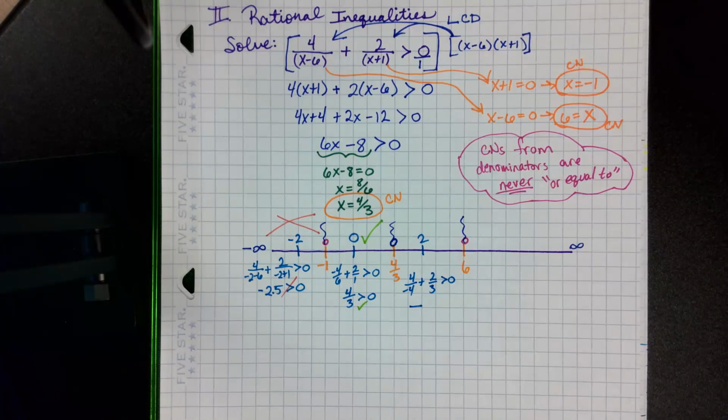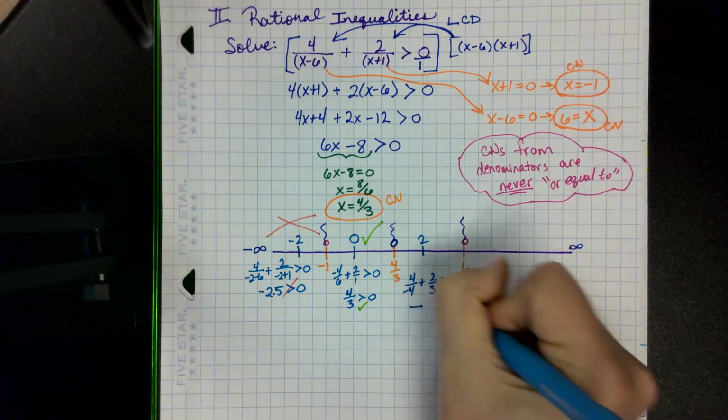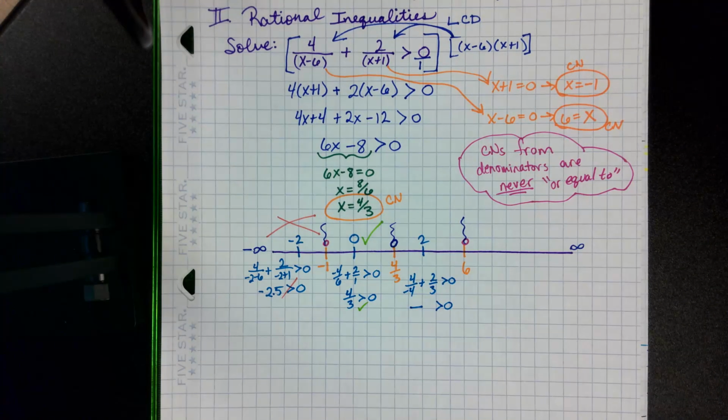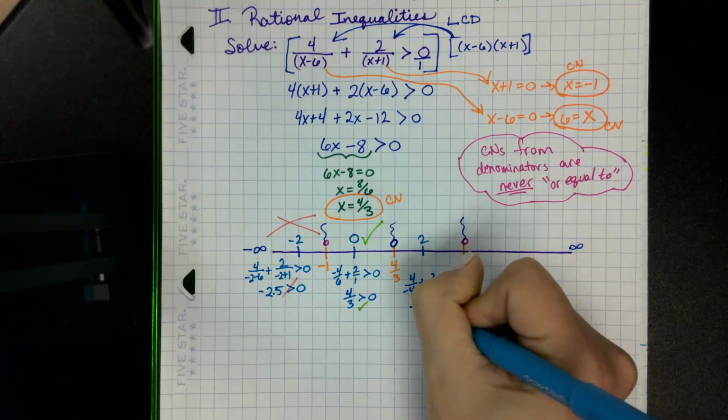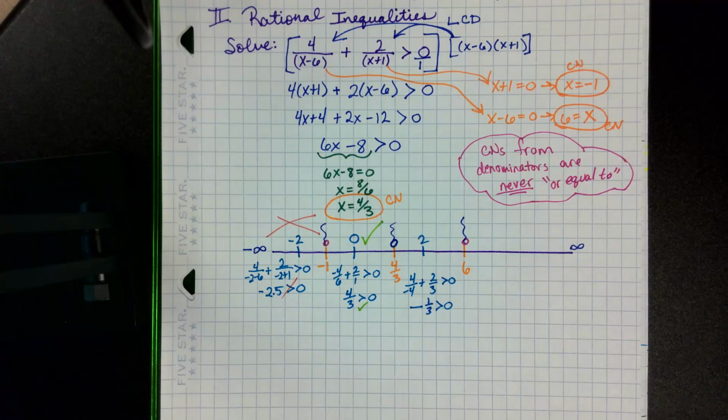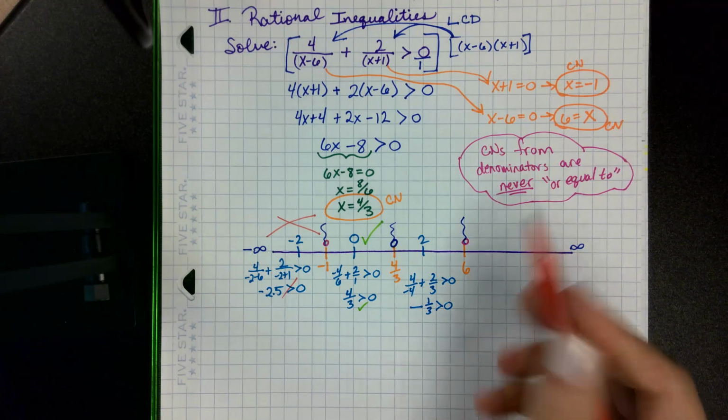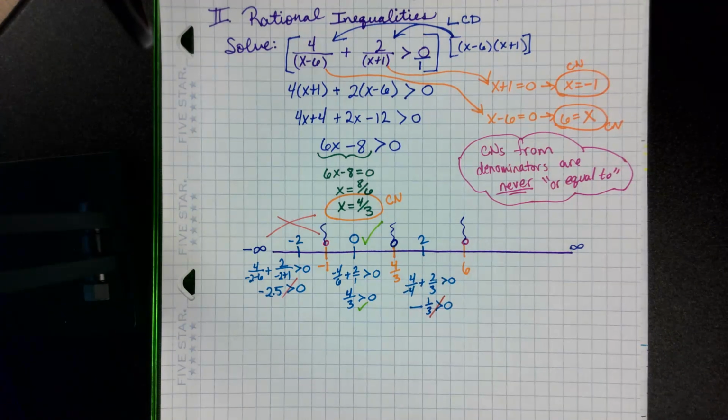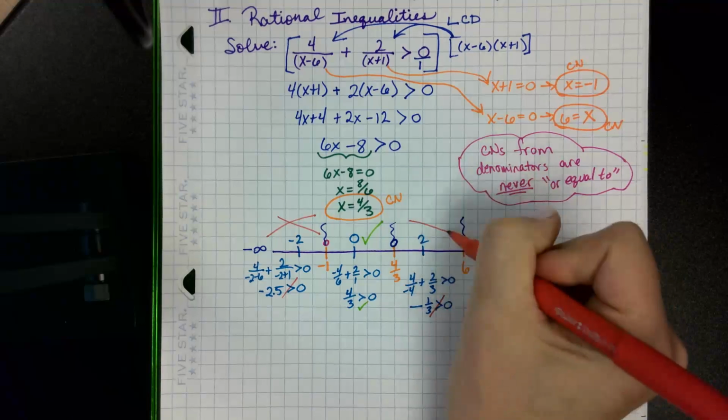It doesn't even matter what it is, just it's negative. And a negative greater than 0, negatives are never greater than 0. It was actually negative 1/3. But just showing you that it doesn't matter when you're testing your values if you use a decimal. If you just compare if it's smaller or larger than 0, and this one's negative, and a negative is never larger than 0. So this section fails.